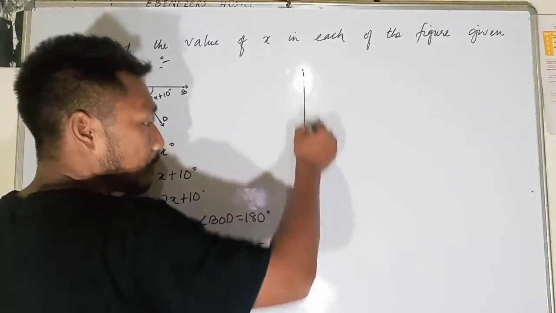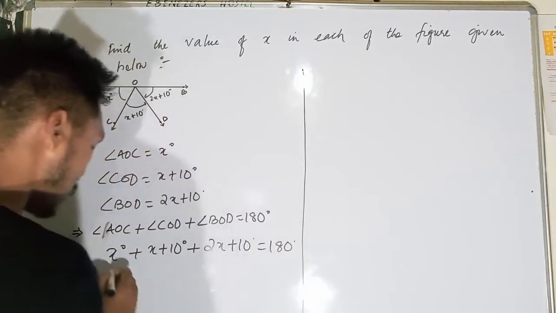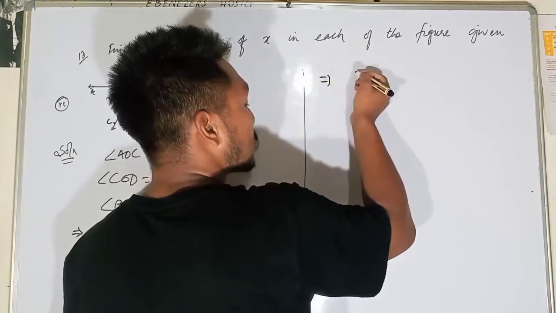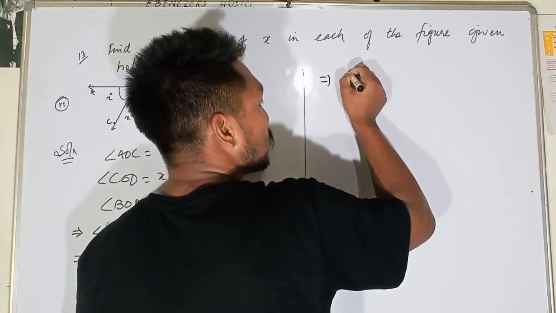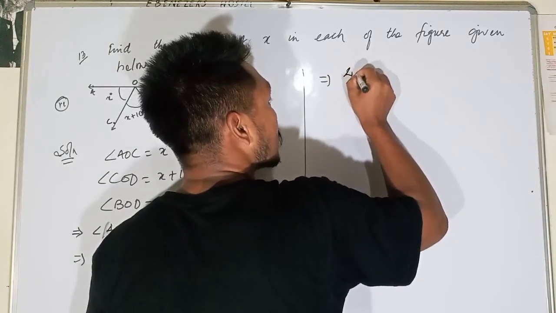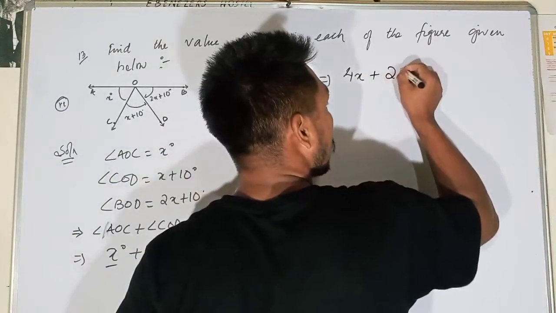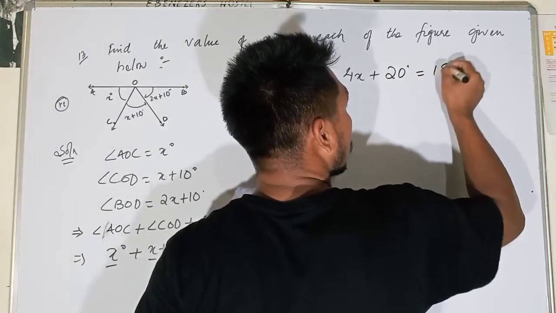Now you see, x and 2x are like terms. Sum of these: x plus x plus 2x is 4x, plus 10 plus 10 is 20, is equal to 180 degrees.